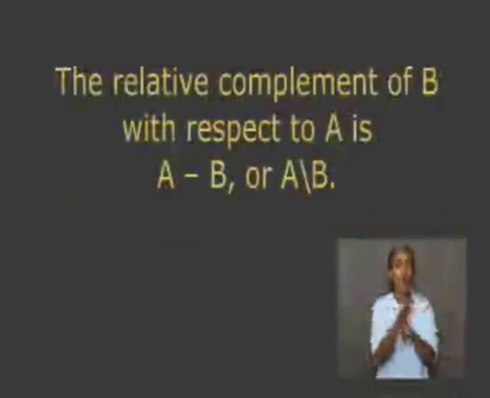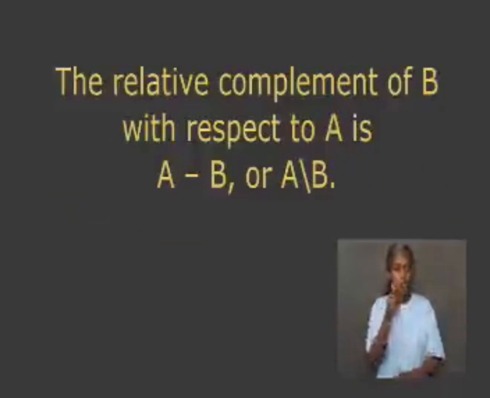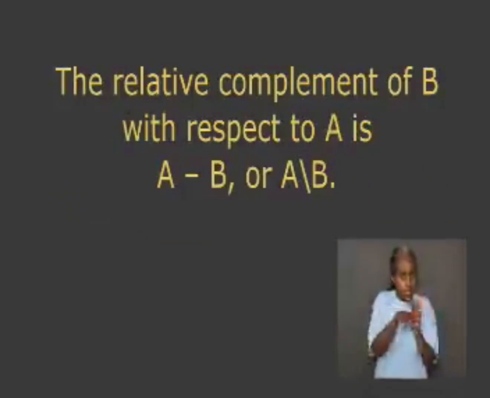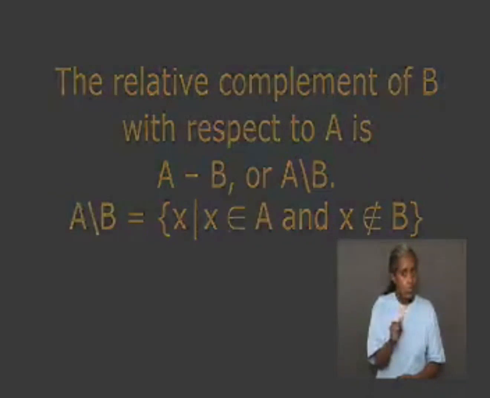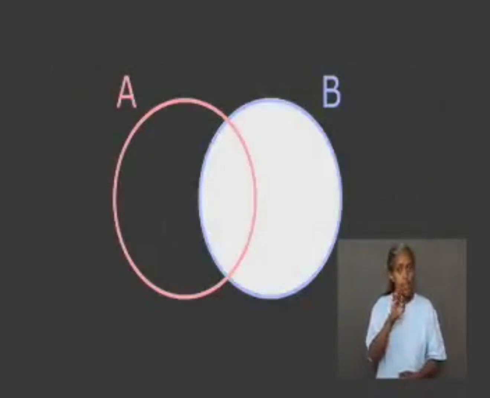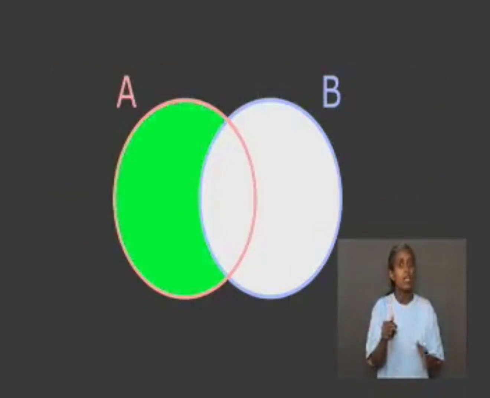The relative complement of set B with respect to set A is the difference between A and B. It is denoted by A difference B, or sometimes A less B. The relative complement of set B with respect to set A is the set containing all elements in A that are not in B. In this Venn diagram, the complement of B relative to A is represented by the shaded area of A, which is not part of B.